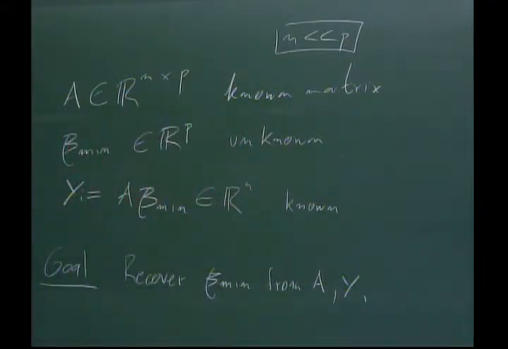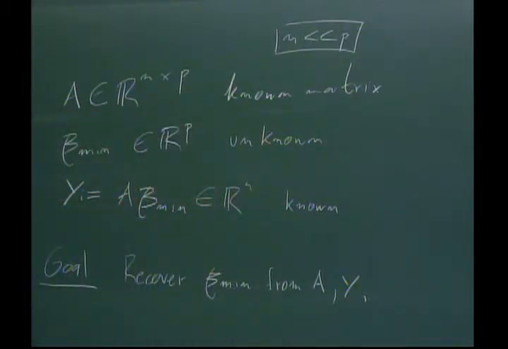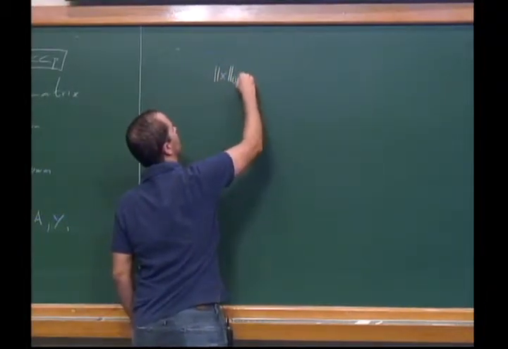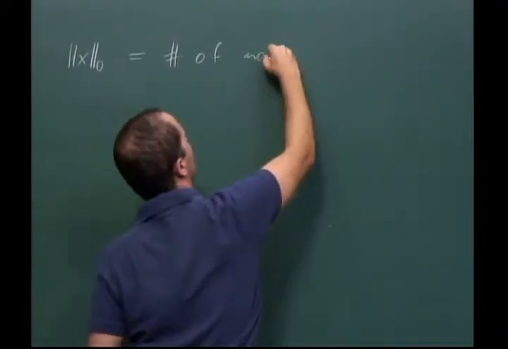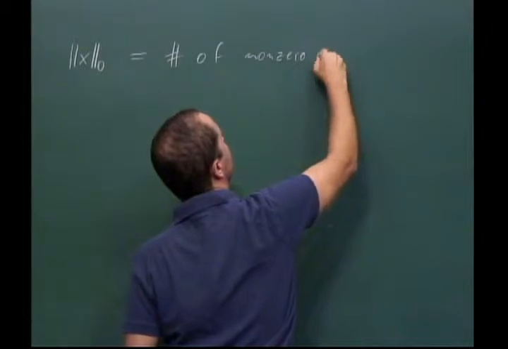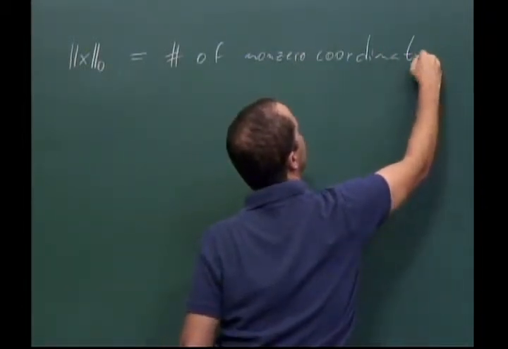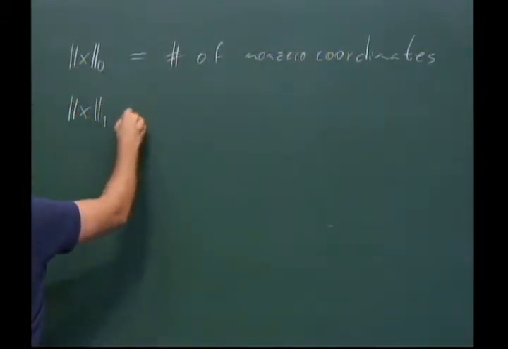If you remember, yesterday essentially what we did was the following. We introduced two problems. There's the L0 problem, the zero norm problem, and there was the L1 problem, right? If you take a vector, L0 is the number of non-zero coordinates. And the L1 norm, well, it's just the L1 norm.